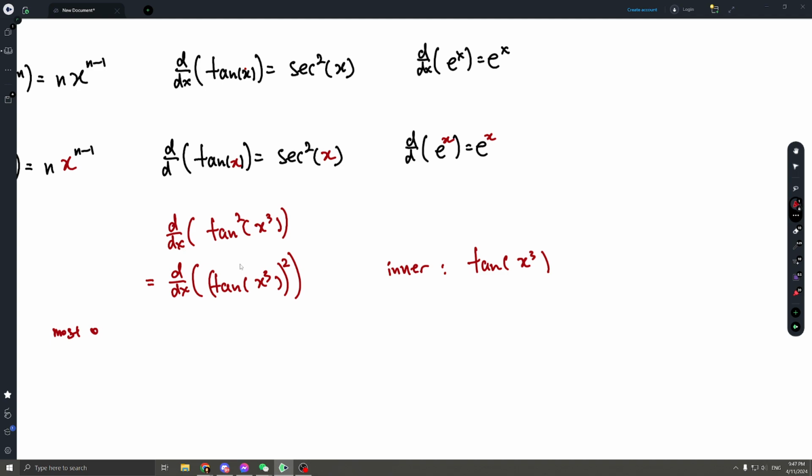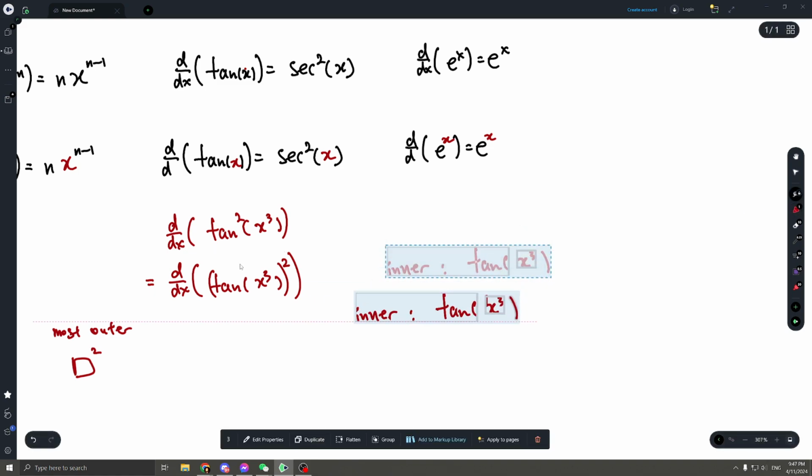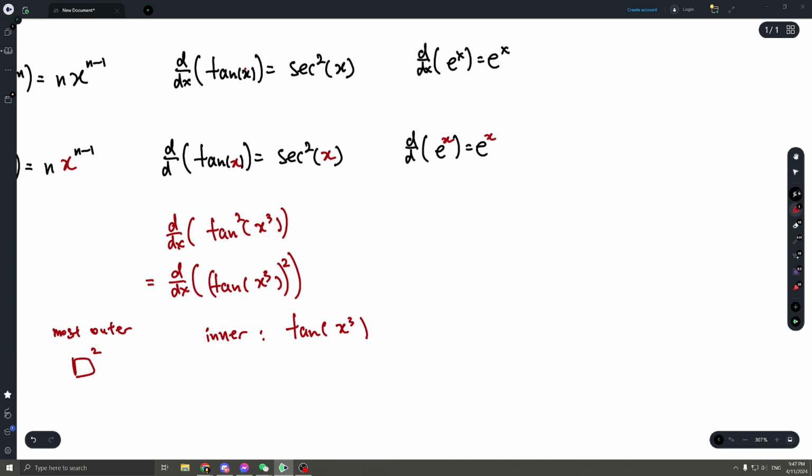The most outer is something like that, which is the power rule. You do that first, and then I'll chuck this over here because that's the next layer. The next layer we have is tan of x cubed left over, but this takes the form of tan of something.